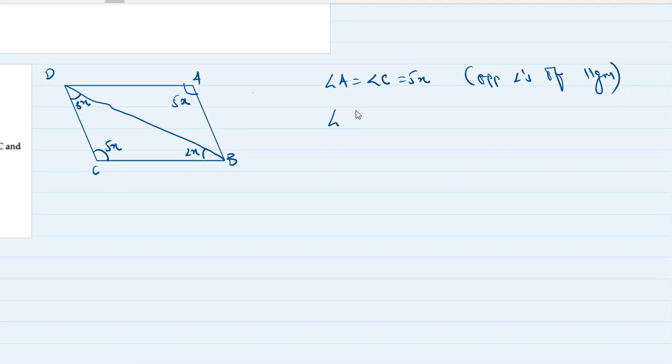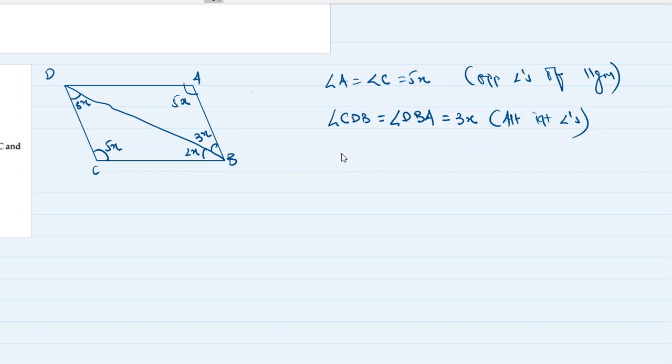Angle CDB is equal to angle DBA, which is equal to 3x. Alternate interior angles. So this is equal to 3x. Right?